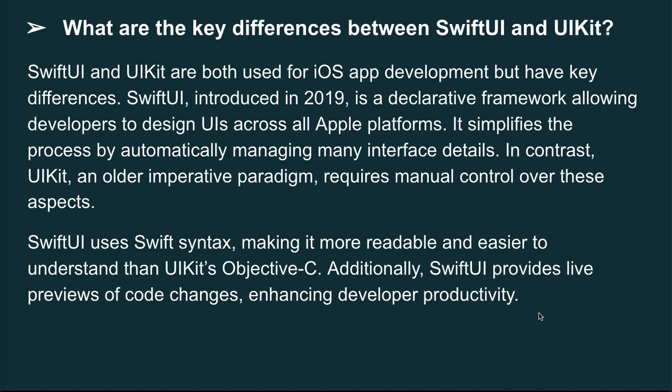In contrast, UIKit, an older imperative paradigm, requires manual control over these aspects. SwiftUI uses Swift syntax, making it more readable and easier to understand than UIKit's Objective-C. Additionally, SwiftUI provides live previews of code changes, enhancing developer productivity.